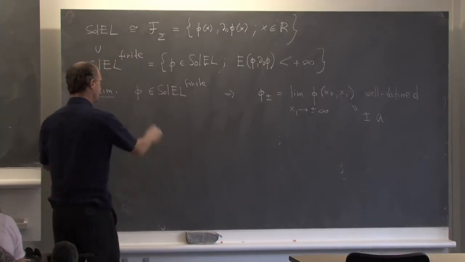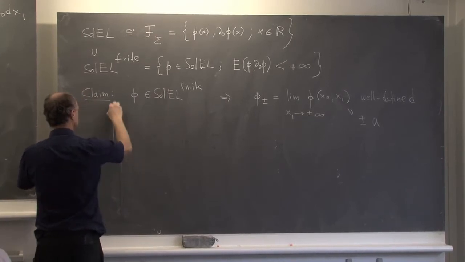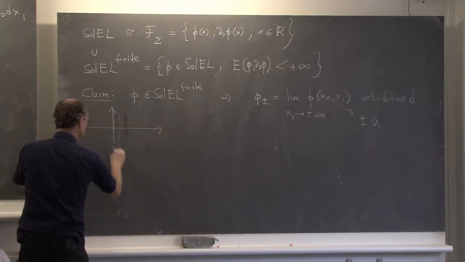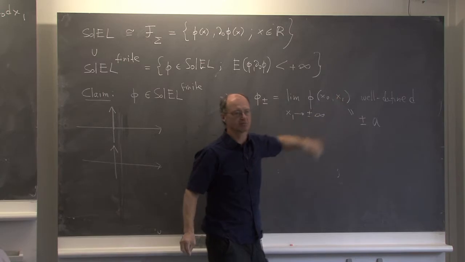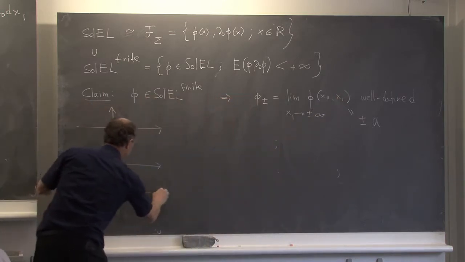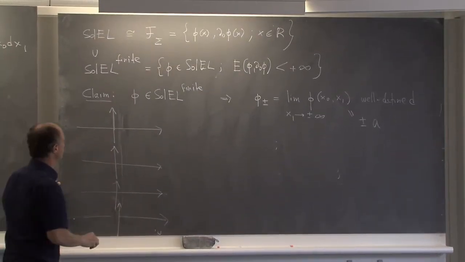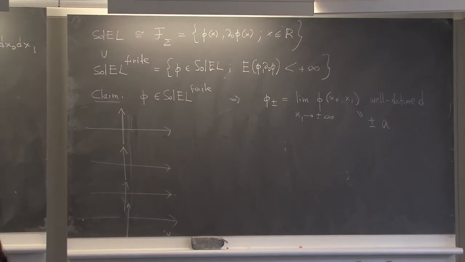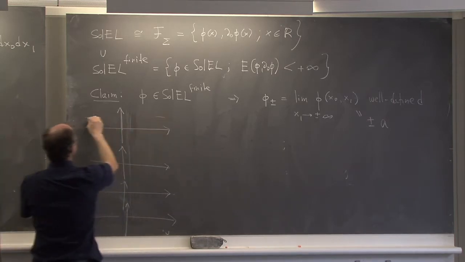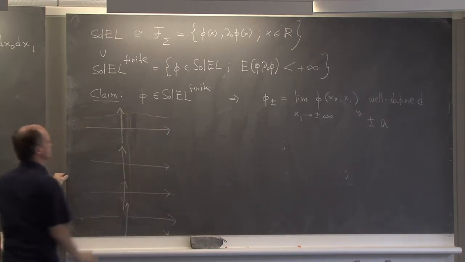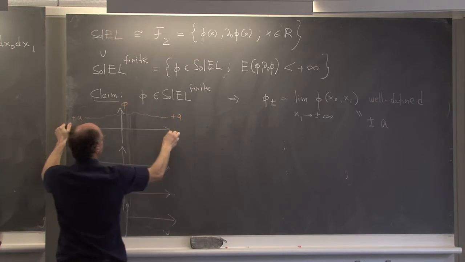Of course, this implies that it cannot possibly change with time. So in fact, there are four possible scenarios. So you can start at plus a, and you can go, so this is phi of x1.